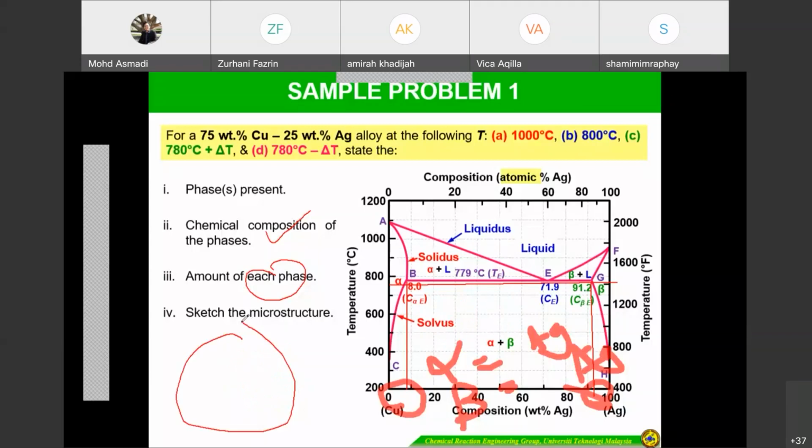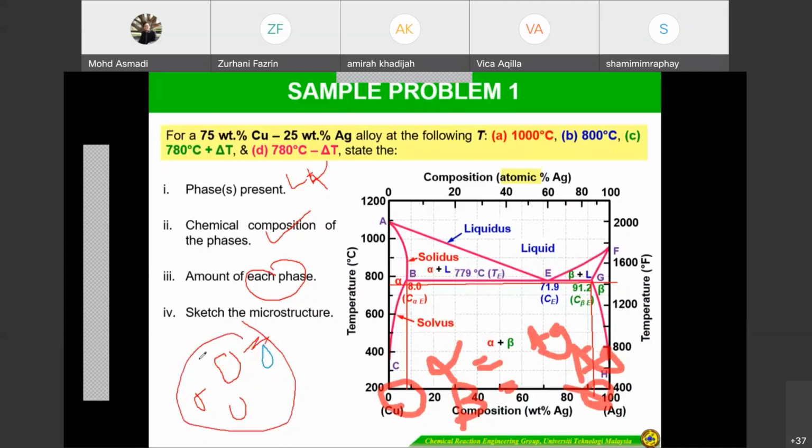We have a eutectic, where this starts from 75 here, right? 75 is, just now, we defined as liquid plus alpha, because of my graph. So if you look at here, there's the microstructure, and then you just draw like this.